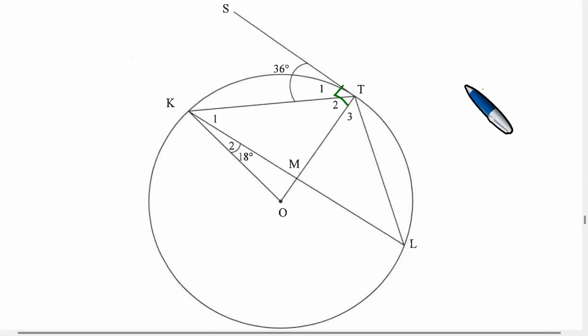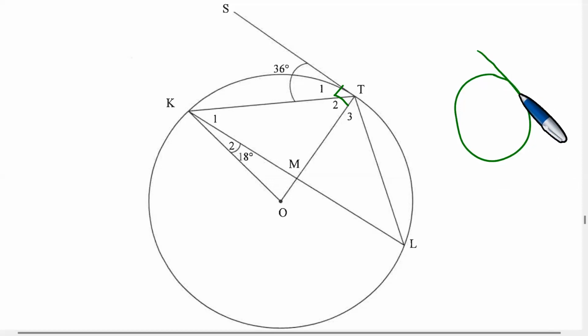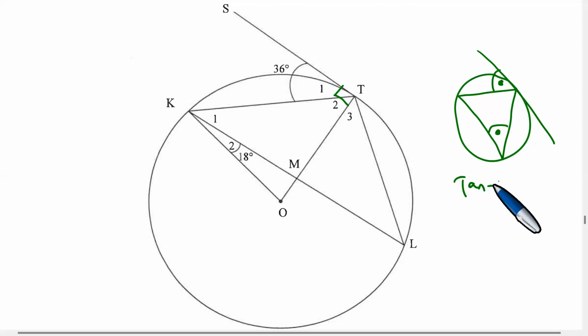Okay, angle L is easy because if you look at a circle like this and there's a tangent like this, an angle that sits here always equals an angle that sits here. We say it is the tan-chord theorem.